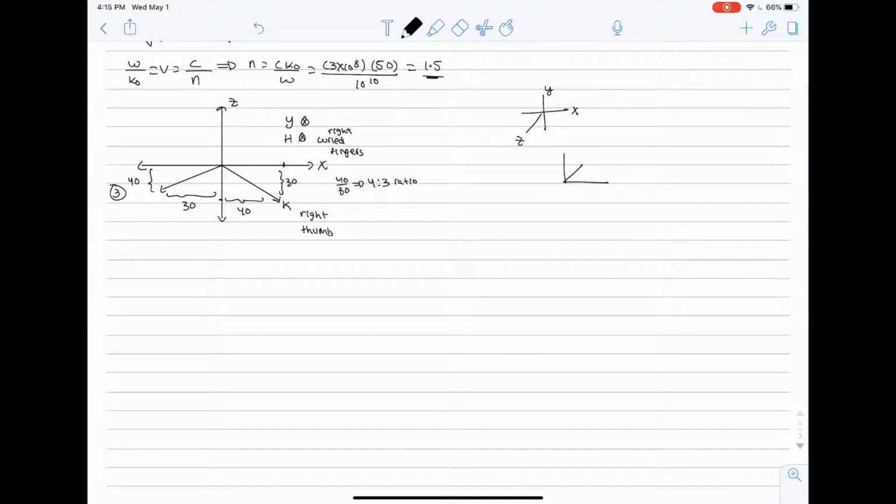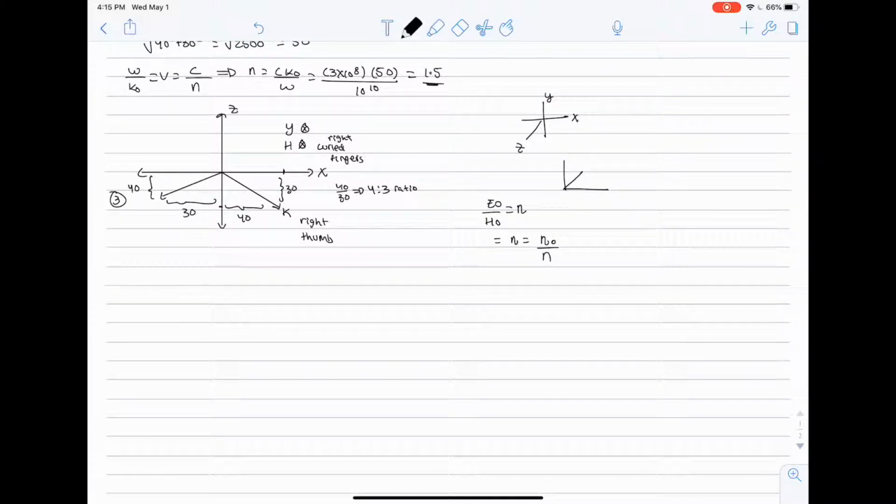Next, we need to find out our magnitude of E0, which is given by the equation E0 over H0 equals eta. And we know that eta equals eta naught over n.